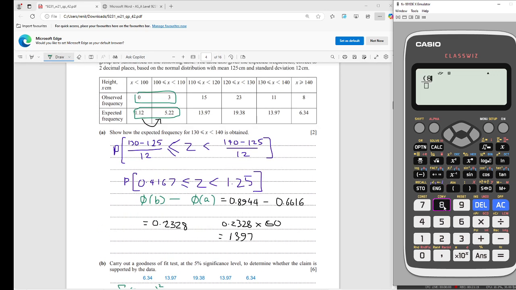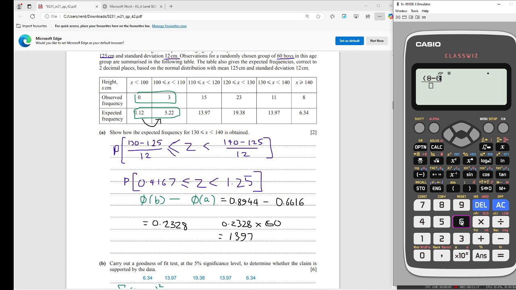Moving on, we have the last one, 8 minus 6.34, then we whole square the difference divided with 6.34 itself, and then we get here 0.4346.